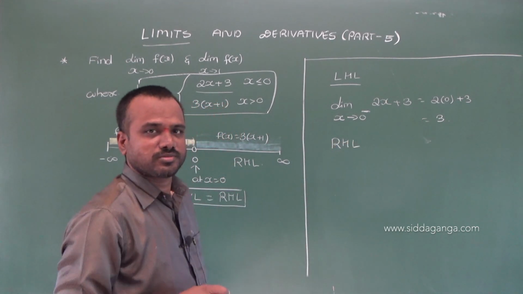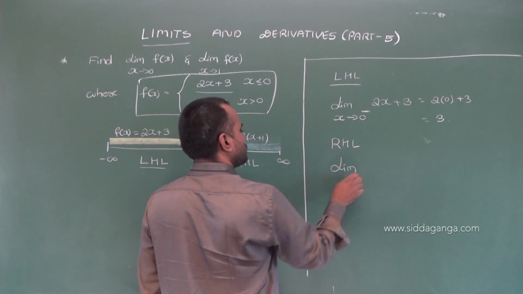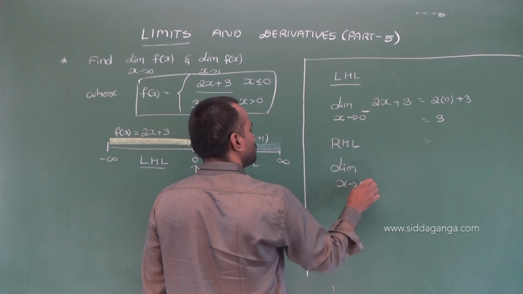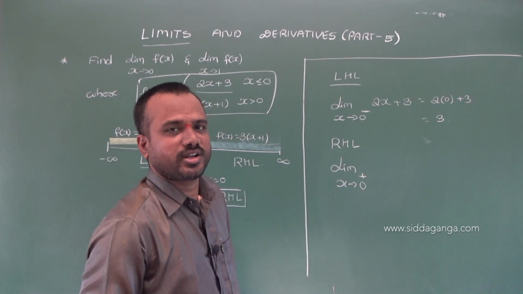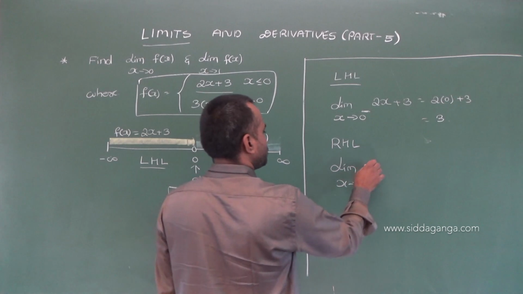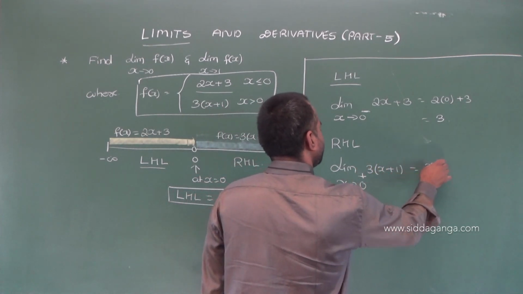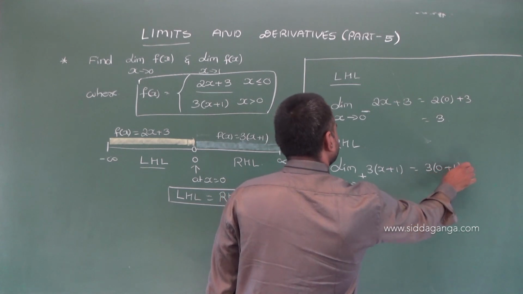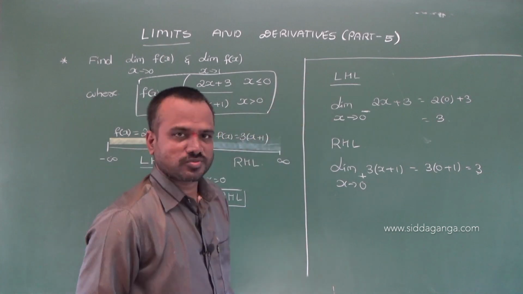Then the right hand limit, limit x tends to 0. For left hand I write minus, for right hand I write plus. The function is 3 into x plus 1, 3 into 0 plus 1, answer is 3. Observe those two values.